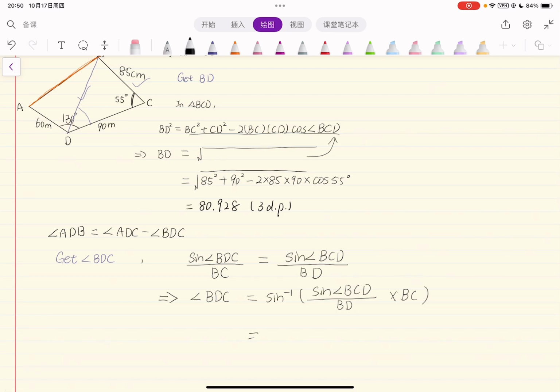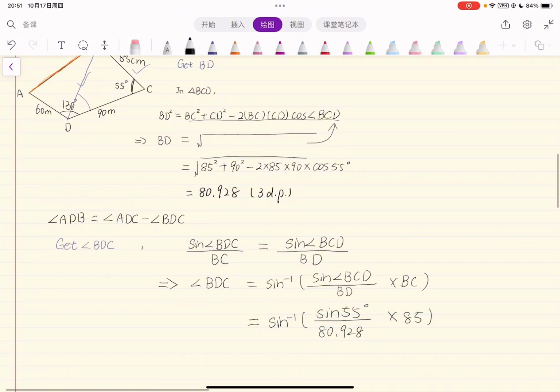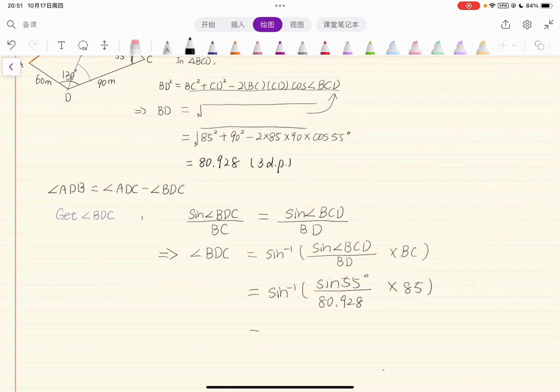We have sine minus 1 bracket sine 55 degrees over BD, that is 80.928, times BC, which is 85. That equals 59.358 to 3 decimal places.